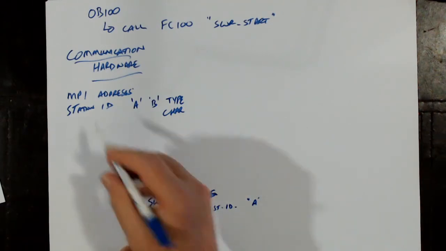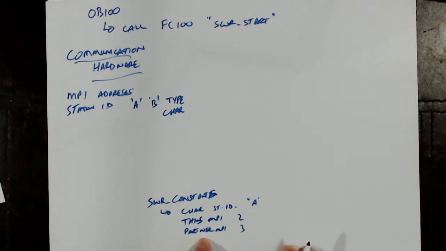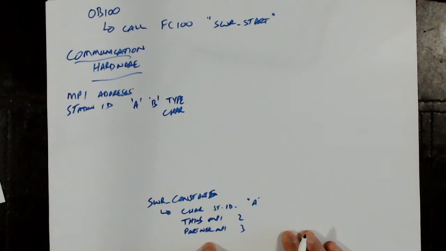The MPI is 2 and the partner MPI is 3, and so on. The reason I do this is that the constants have names that make sense. It's easy to search for them, easy to understand, and the program is more or less self-documenting. I have another video about specifically not having what we call magic numbers in our programs.